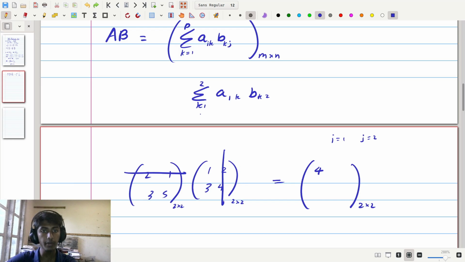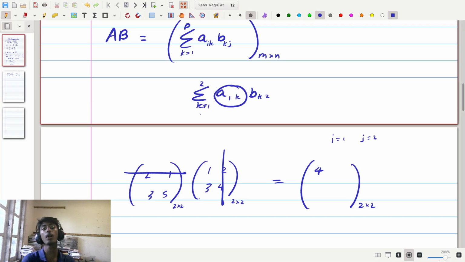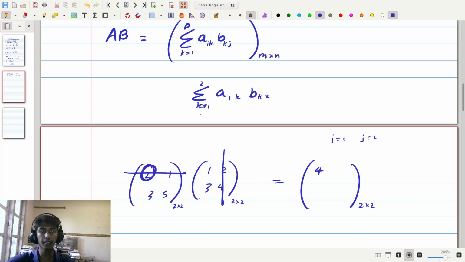So considering k equals 1, k equals 1 is going to correspond to A sub 1 1 and B sub 1 2, which is going to be this element and this element multiplied together. 2 times 2 is 4, and therefore the first term here is 4. And then to that we have to add the next term, which is the k equals 2 term, which going along the row in the first matrix is going to be this element right here, 1.